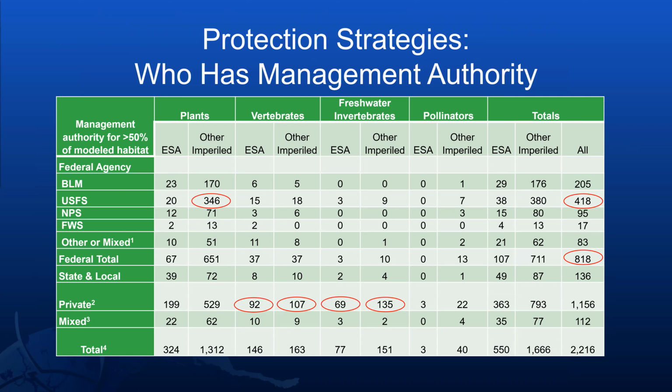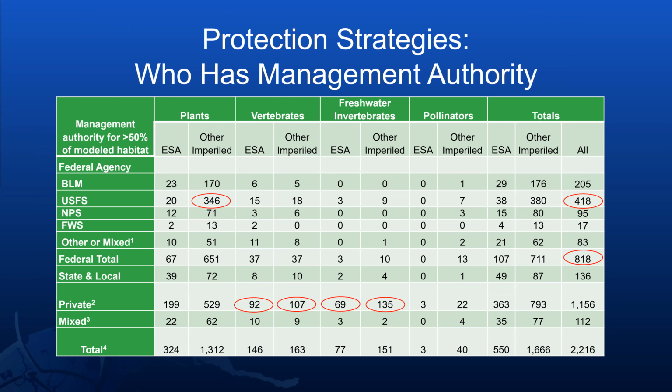For our major federal land management agencies, by far, the US Forest Service has the most responsibility for imperiled species. I thought it was going to be BLM, but this analysis clearly demonstrates that the Forest Service has huge responsibility for managing our nation's most threatened biodiversity, and not just for plants, but also for threatened vertebrates.